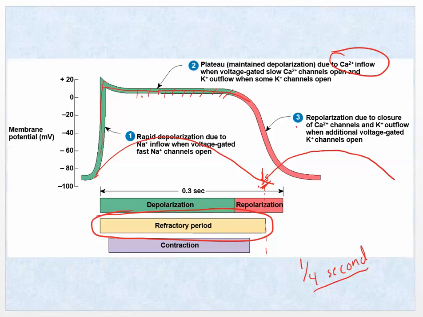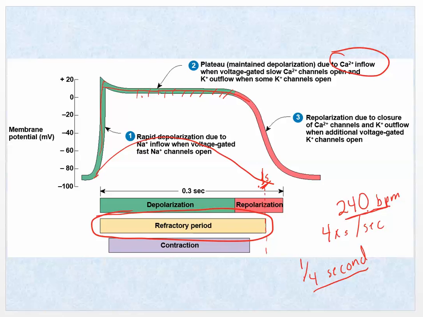which means that if one contraction takes about a fourth of a second, the best you can do for contracting a heart is about 4 times per second. It's going to be different in everybody, but this example kind of works that way. If you're talking about minutes, the maximum number of contractions you could possibly have is 60 times 4, which is 240 beats per minute.